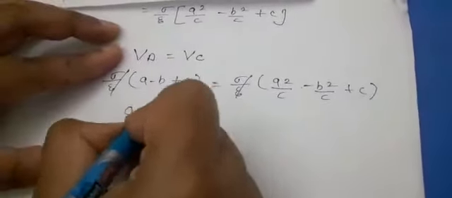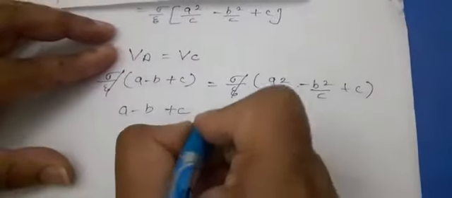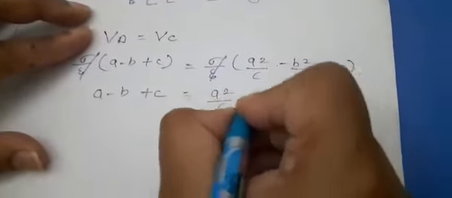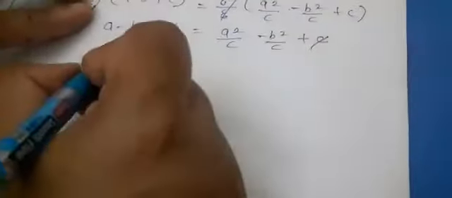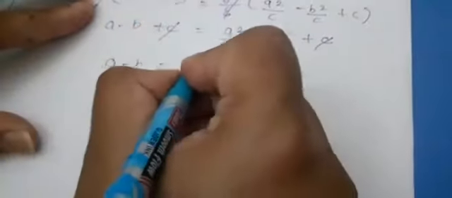What will be left? A minus B plus C equals A square by C minus B square by C plus C. C will also cancel. We are getting A minus B equal to A square minus B square by C.